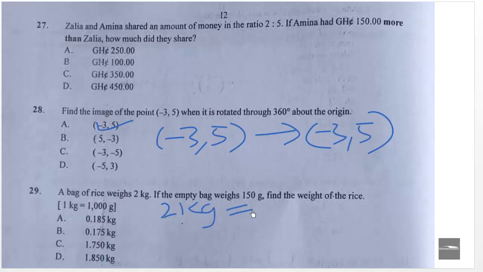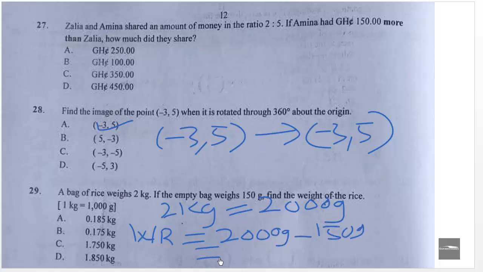So we subtract 150 grams from 2000 and that will give us 1850 grams. Then we have to convert back to kilograms by dividing through by 1000 and that will give us 1.850 kilograms. So the weight of the rice is 1.850 kilograms.